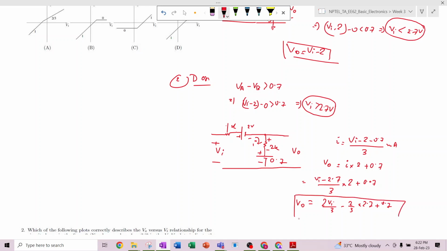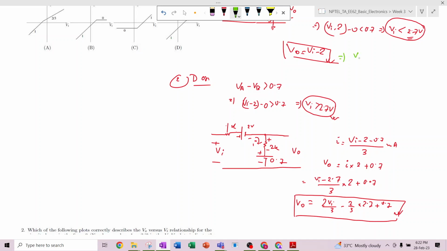Okay, so we got the two cases. When Vi is less than 2.7 volt, we get VO equal to Vi minus 2. And when Vi is greater than 2.7 volt, we get this second equation. So what will be the value of VO when Vi is exactly 2.7? You can put Vi equal to 2.7 in either of these two equations.